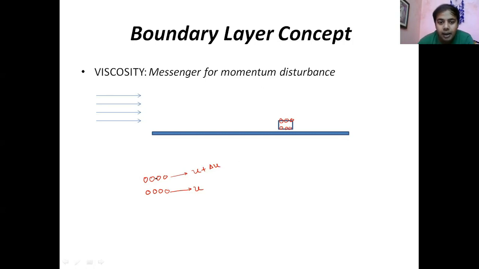As the upper layer has more velocity, it tries to drag the lower layer molecules. And the lower layer, having less velocity, as per Newton's third law, is also trying to drag in the opposite direction. It is creating some force in this direction, and the same and opposite force in the opposite direction.